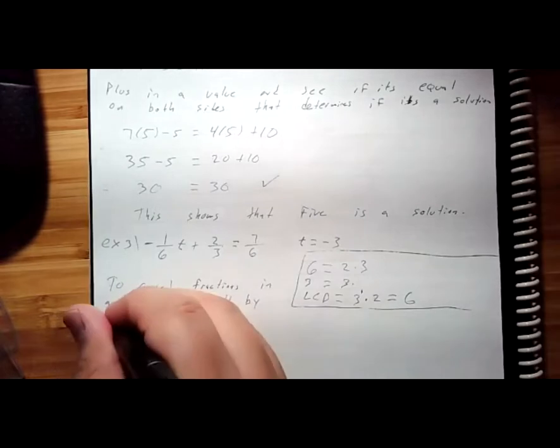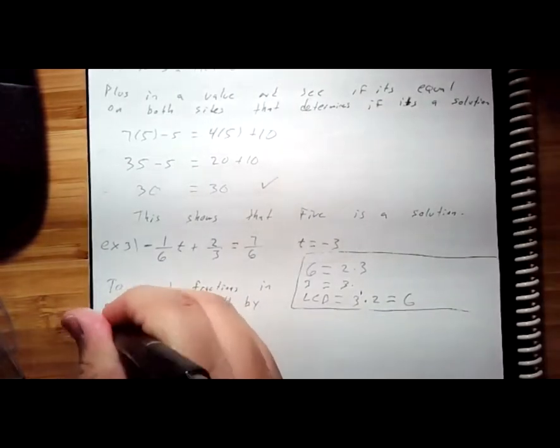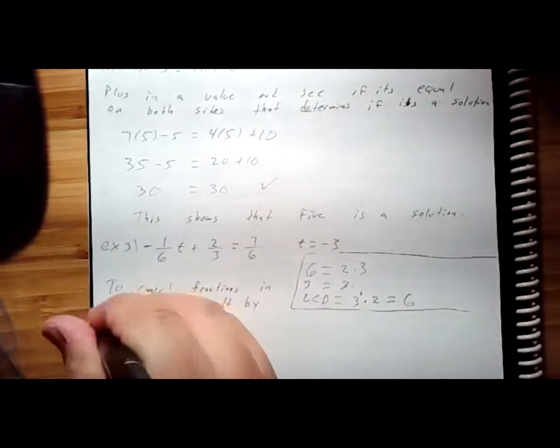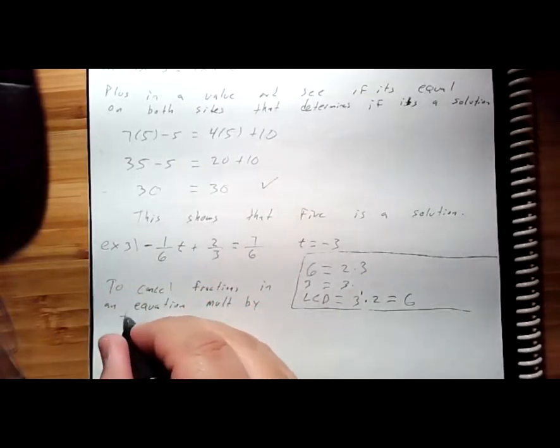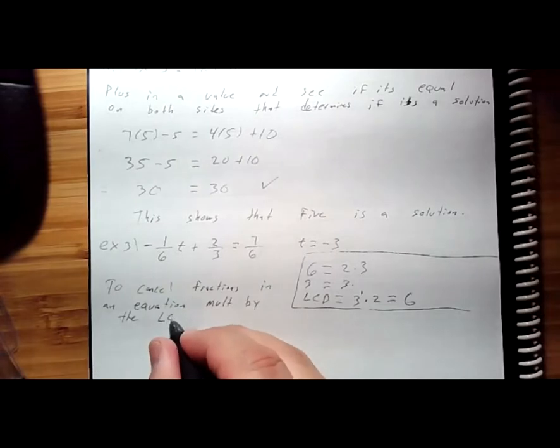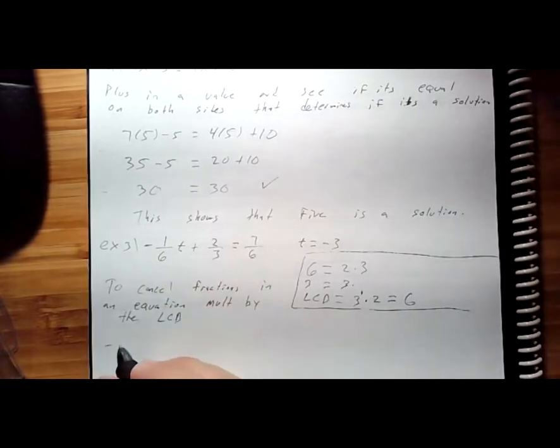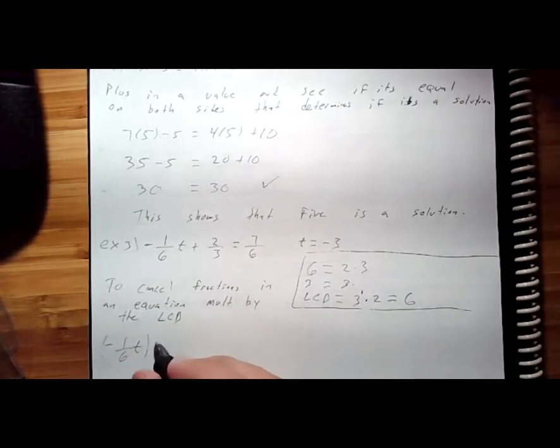Or I should say, in general, multiply by LCD. In this case, it's 6. All right, so here we go. Every single term times 6.